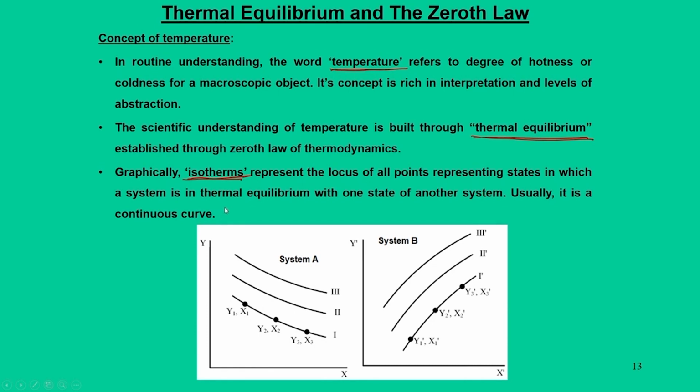Bringing the same concept here, say this is system A and this is system B, and for a given set of conditions, that is condition 1, the system was initially at state point y1 and x1, then it moves to y2 and x2, then it moves to y3 and x3, and when moving these coordinates from one point to another, it is in thermal equilibrium with respect to its surroundings.